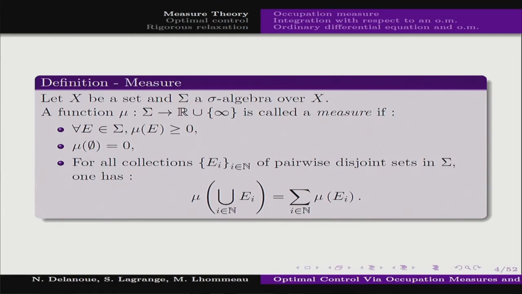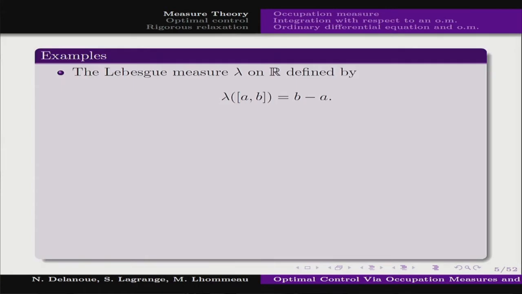In the theory, you need not consider all the subsets of X, but only a certain kind of subset. So, examples. There is this famous measure created by Henri Lebesgue. It's going to assign a number to every interval.